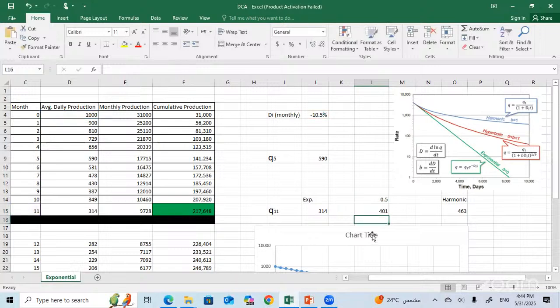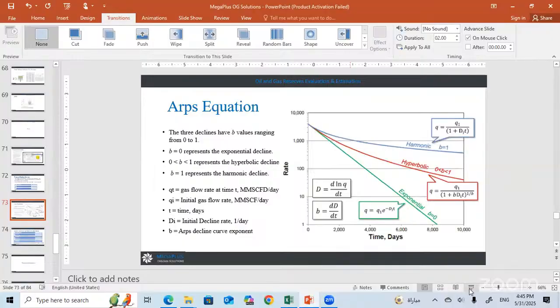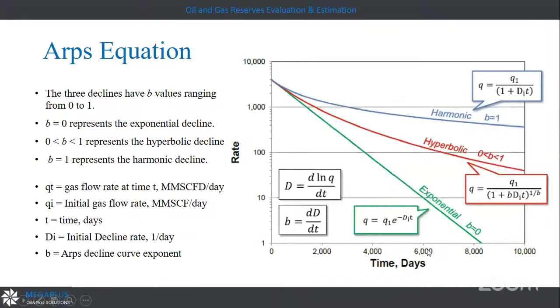And you will find that the forecast or the expected production at the 11th month or 12th month will be 4.1, which is higher than 13.44. It will be higher than that. So this is how decline curve analysis is done using the empirical equation, and it's very simple and very realistic, and we depend on it.